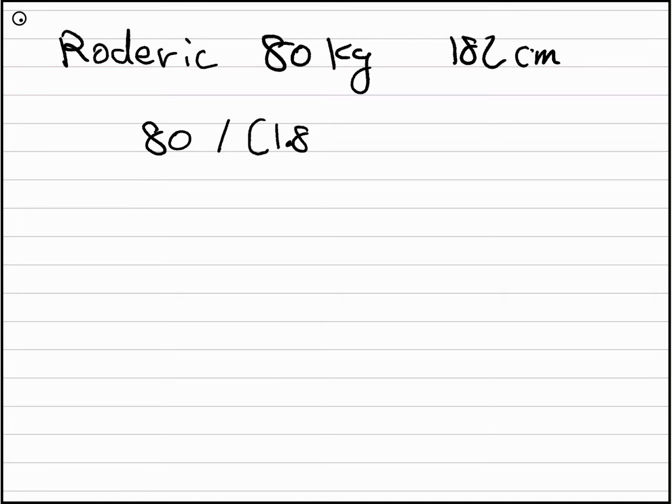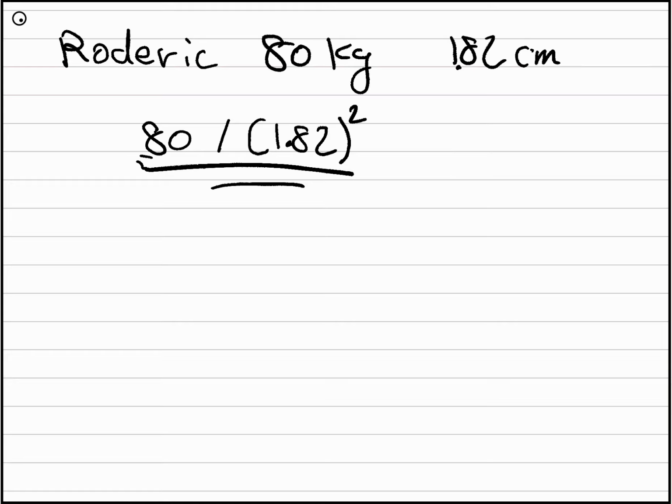Yes, exactly. We divide by 100 since it's going to be in meters. For those of us in the US, 100 centimeters are in 1 meter. So 182 centimeters means 1.82 meters, and we're going to multiply it by itself. This is Roderick's BMI.